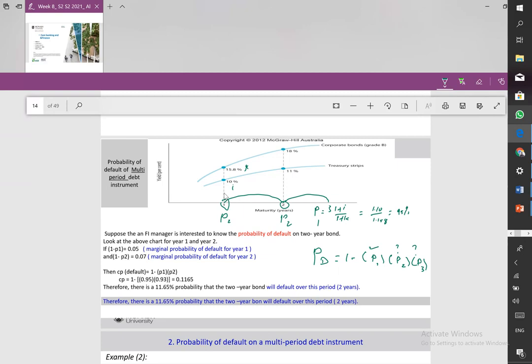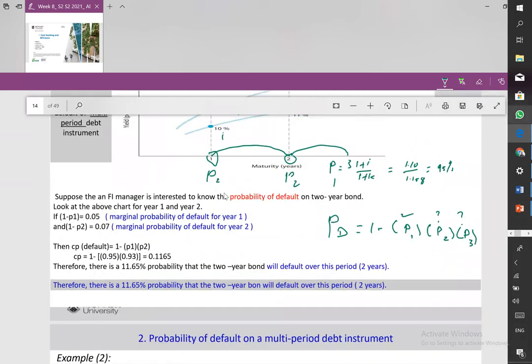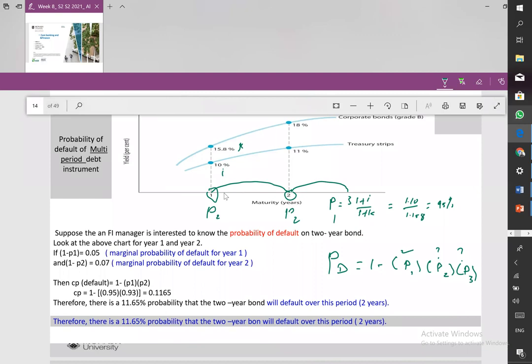Now, to refresh your memory, let's go to year 1, for example. If I know this and this, the probability of defaulting for year 1 is 5%, which is the difference between 100% and 95%. I can get the B1, and the defaulting of year 1 is actually 1 minus B1, and this is 5%.